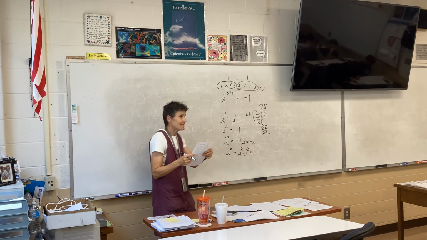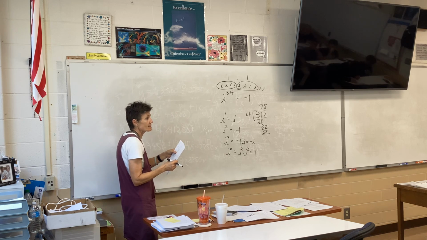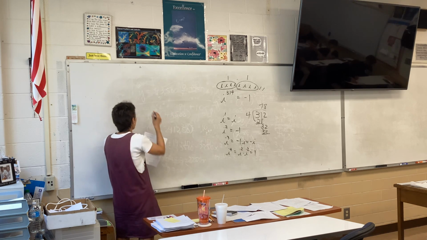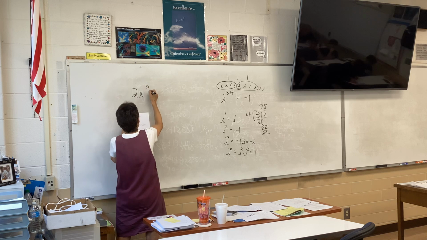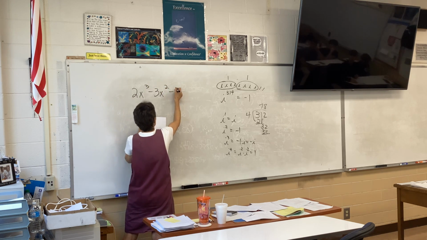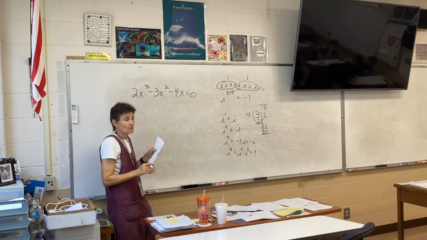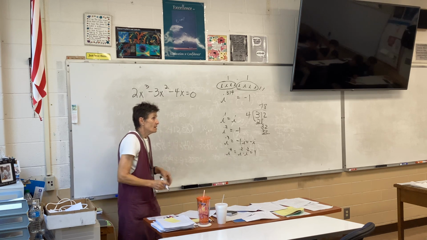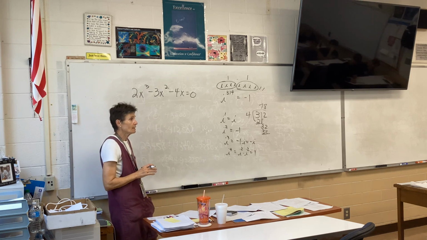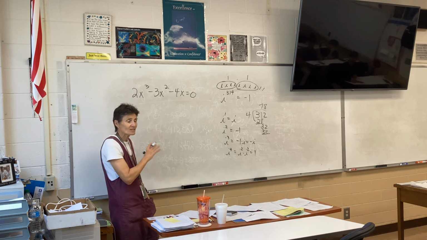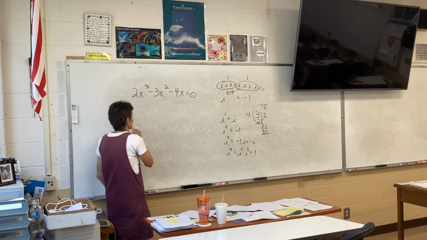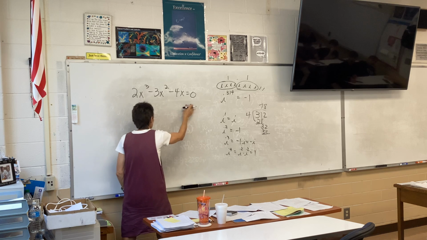When it doesn't say that, or if it says solve algebraically, that means no calculator. So we are not typing this in and finding the zeros. We're going to do it by hand. I don't care if you check it on your calculator, but you have to show this work.